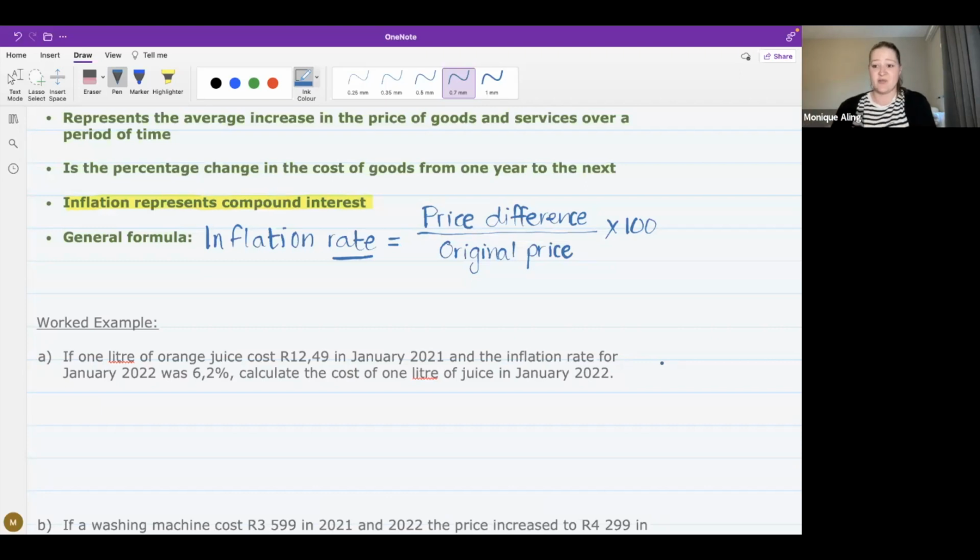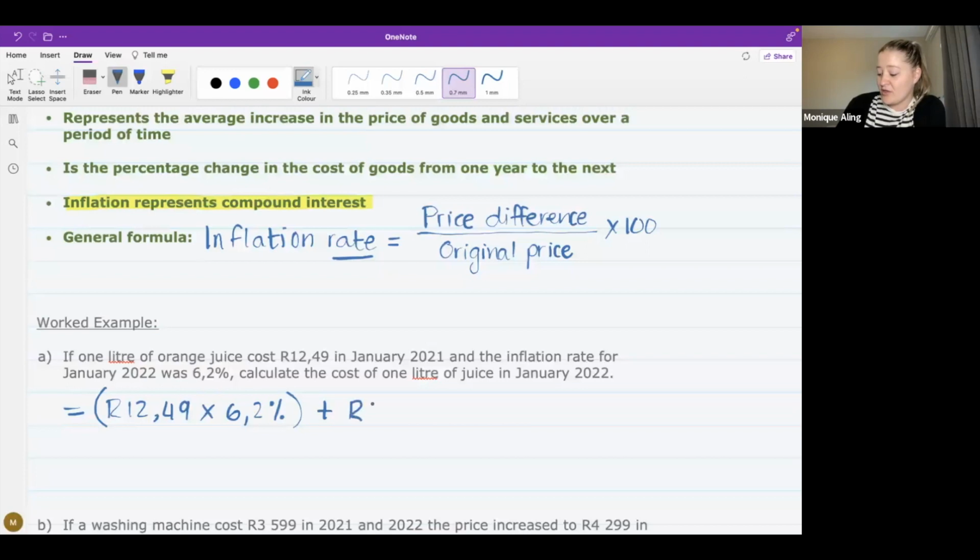So we increase the price by the percentage. All we're going to do is take the price of the orange juice and times it by the inflation rate. This is going to give me how much it increases by. And then I'm going to add it back to the 12.49, the original price, so I can get the new price.